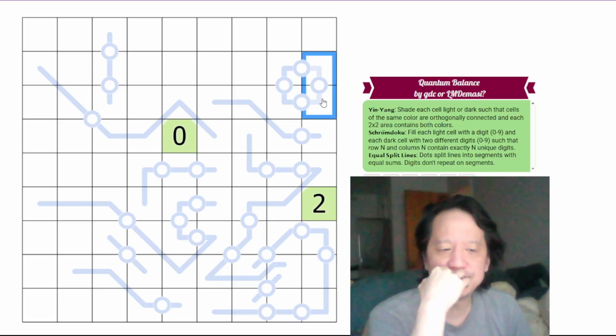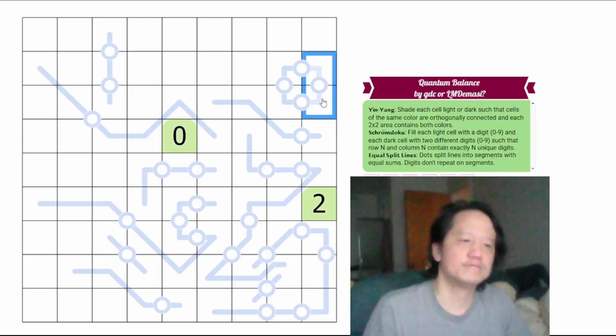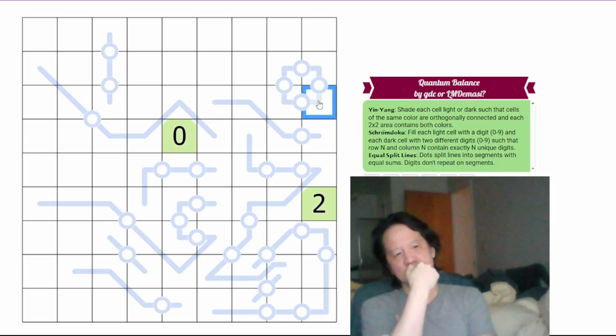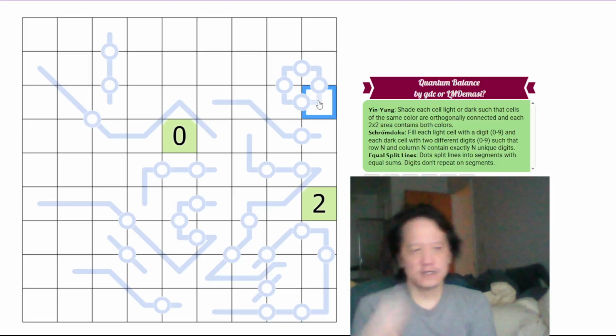If they're different digits adding up to the same sum, that would mean it'd be... I mean, that's quite possible. What happens?